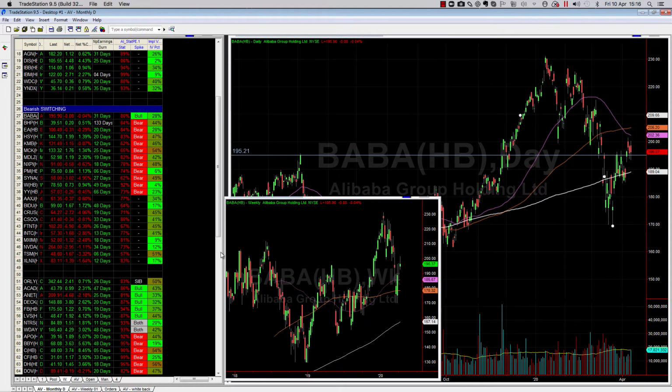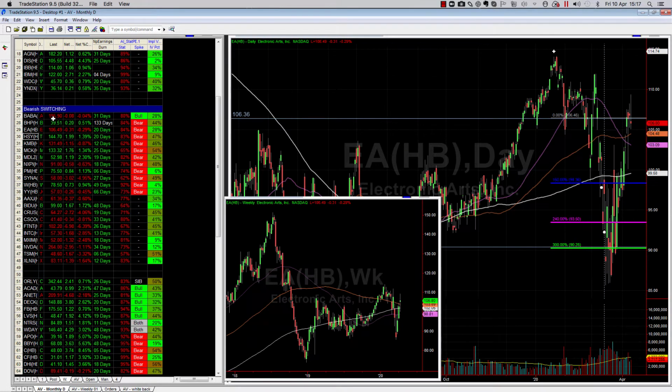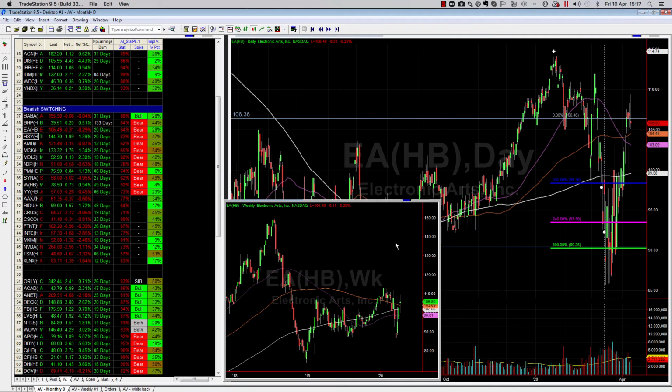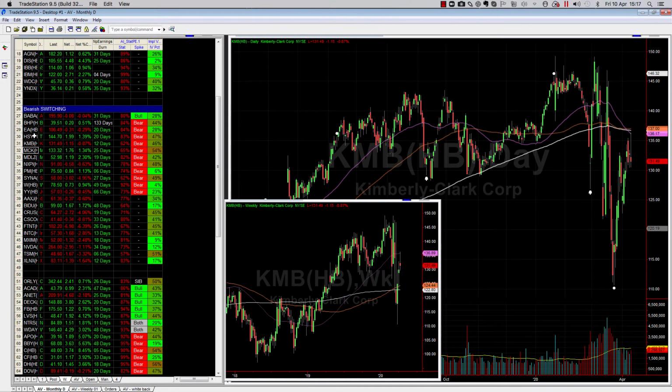So I've looked at the stocks that have a sign of exhaustion. I'm just looking at this little chart at the bottom left here, and they're essentially the weekly charts, looking for those signs of exhaustion to give me an indication.